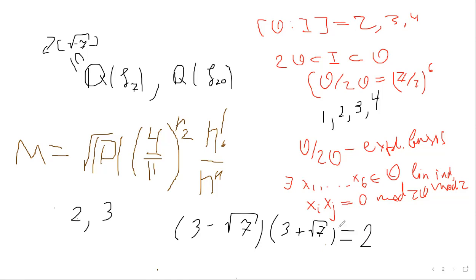What is the norm? The norm of each of these principal ideals should be very large, right?